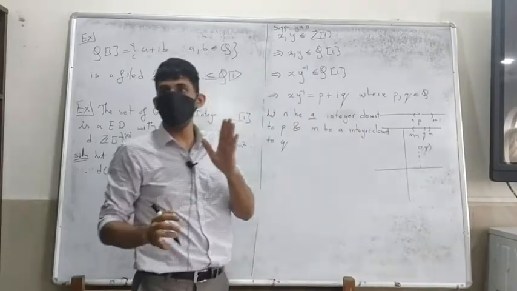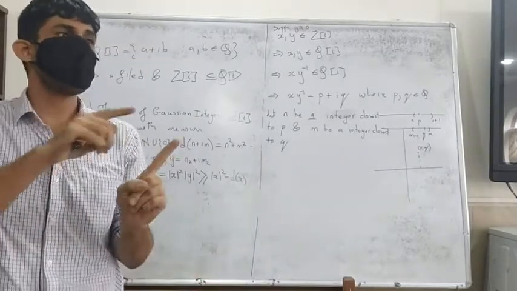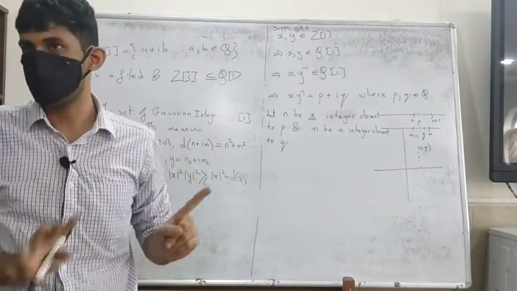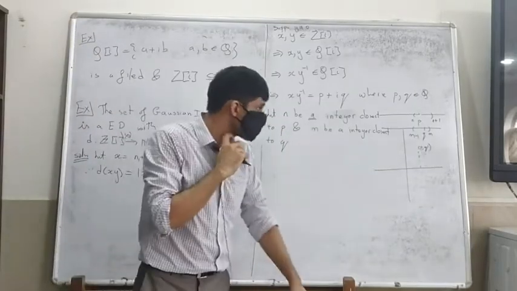So either it will be the greatest integer less than or equal to the number, or the greatest integer less than or equal to it plus 1. One of those two it's going to be. That's what we are taking.